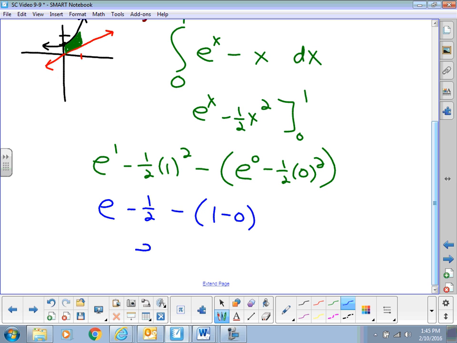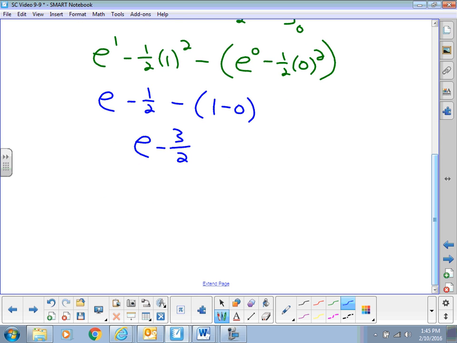So in the end, we'll just get e minus 3/2. Oops, halves, not thirds. Okay, and that's just coming from doing the minus 1/2 minus 1. And that is what represents the area between our two curves, e to the x and y equals x, when we're looking at the x values from 0 to 1.